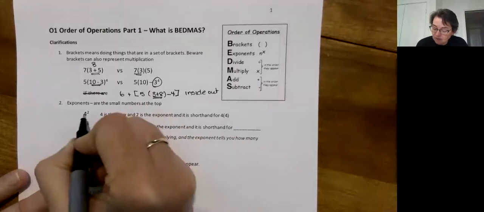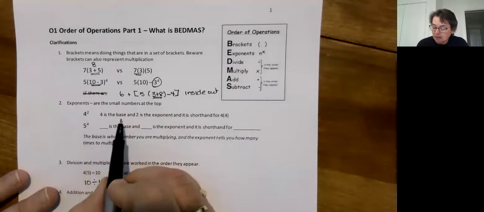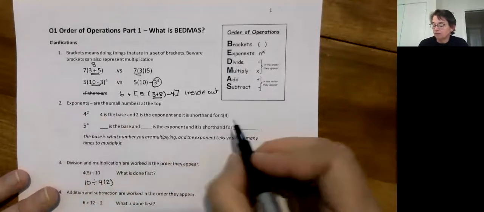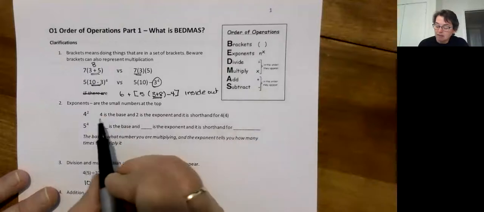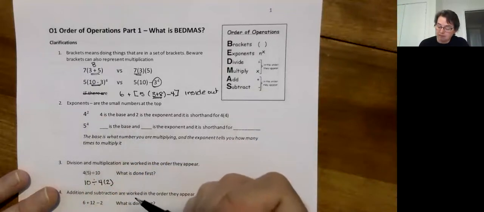All right, exponents, I know you know those are the small numbers up on top. So in this question, 4 squared, or 4 to the power of 2. 4 is called the base, and 2 is the exponent. And it's really just shorthand for saying 4 times 4. The base is what you write. The exponent tells you how many times you're multiplying it together.